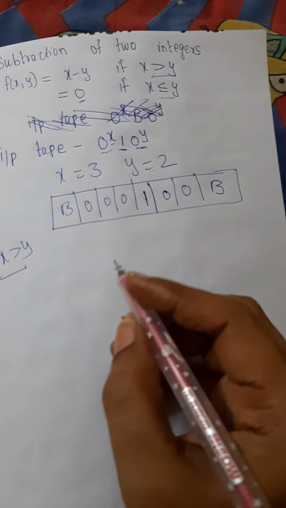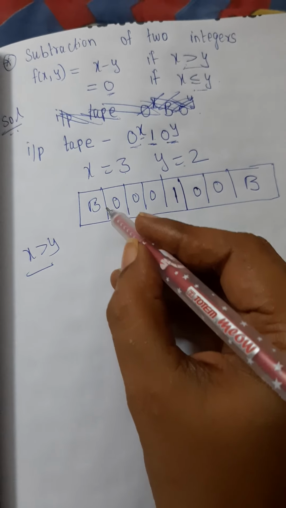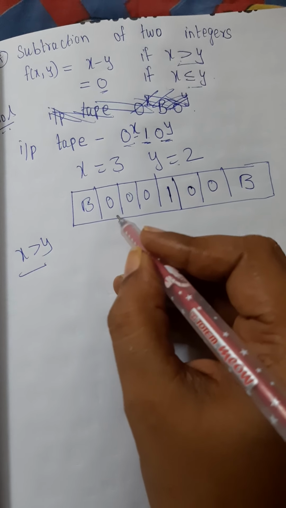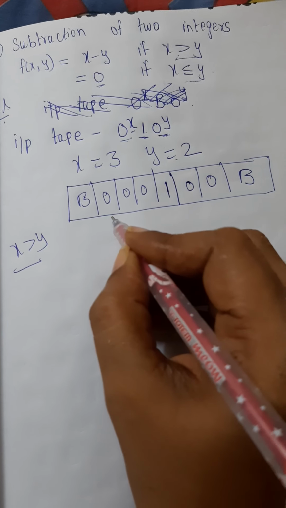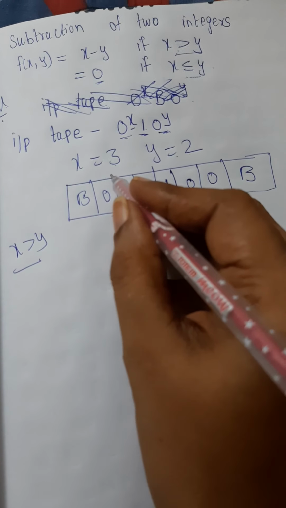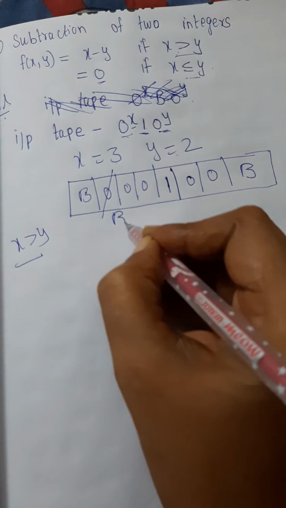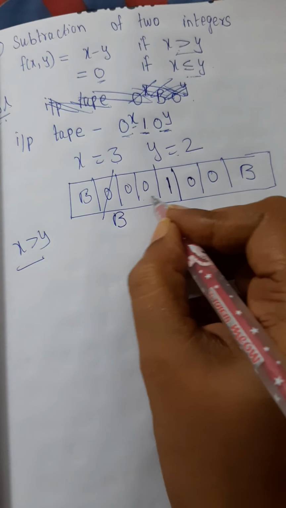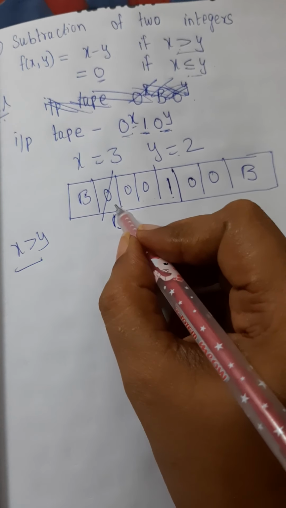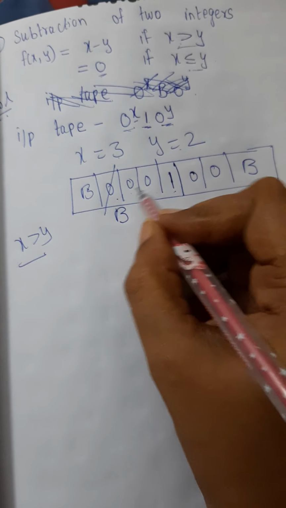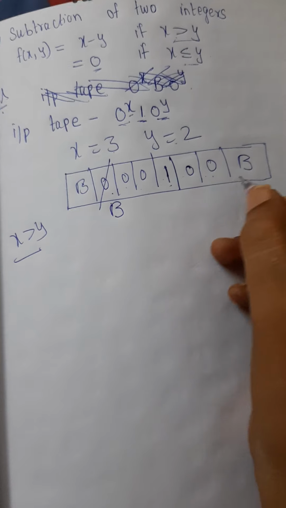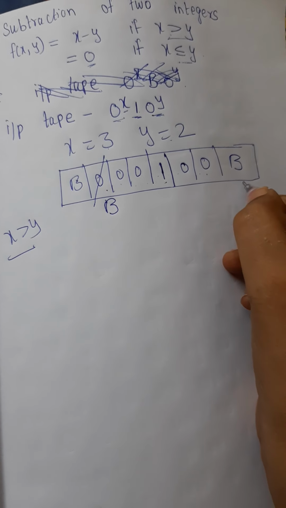Now the logic is: when you see the first zero, let us make this first zero blank and go on traversing until you see the blank.